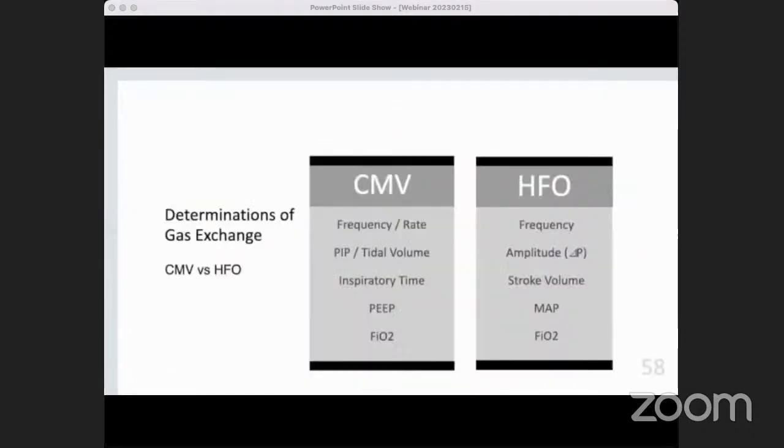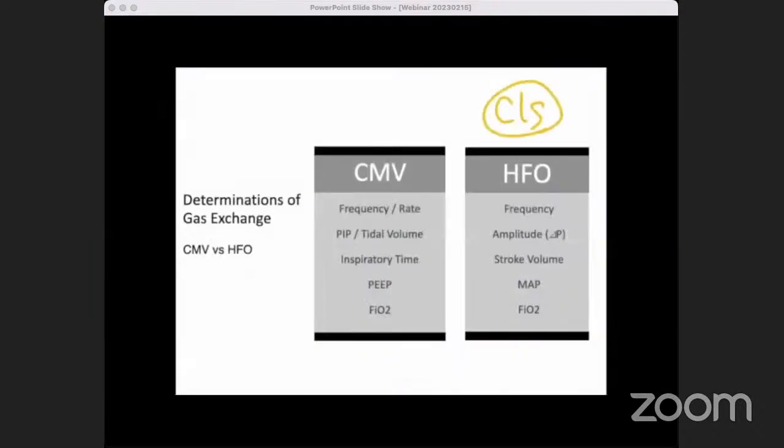Let's reconsider the ventilation and oxygenation proposed at the beginning of this discussion. As I have indicated many times, the concept of compliance is very important in HFO. As for oxygenation and CMV, in addition to PEEP and FiO2, I think delivered pressure and inspiratory time also play a role.